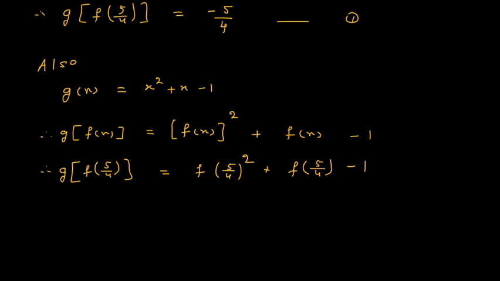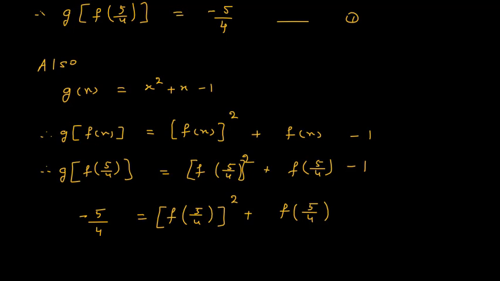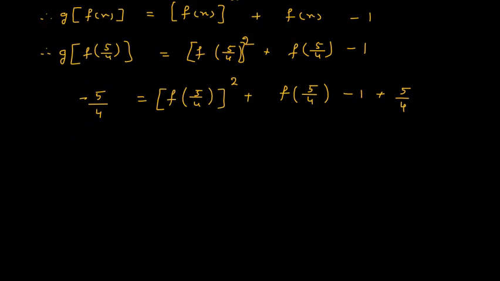Now this g of f of 5 divided by 4, from the first equation we got minus 5 by 4. So here replace it: minus 5 divided by 4 is equal to (f of 5 divided by 4) square plus f of 5 divided by 4 minus 1, and this minus will come here, it will become plus 5 upon 4. So I will get 0 here.